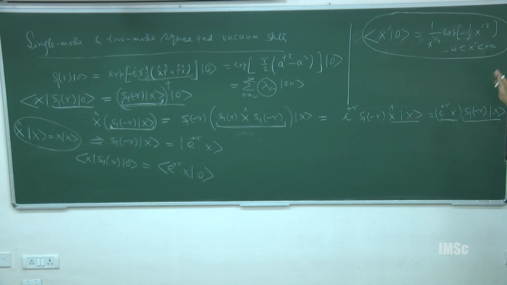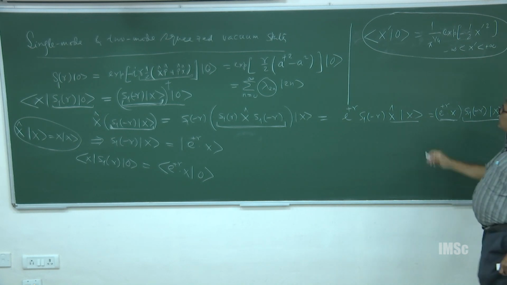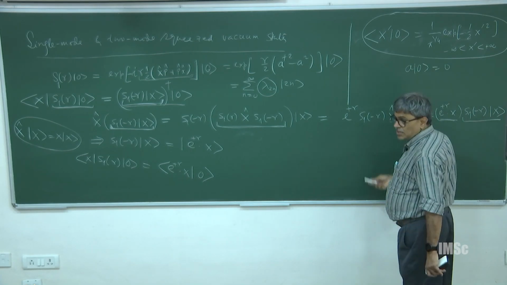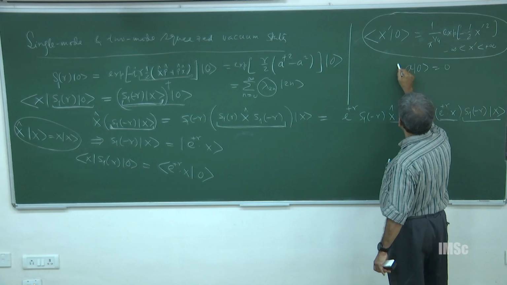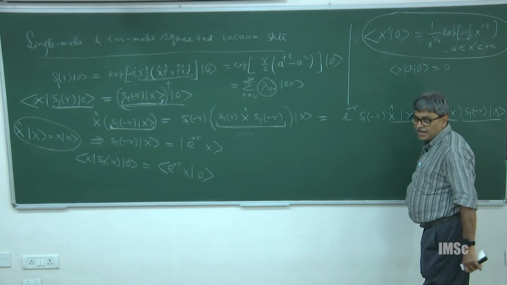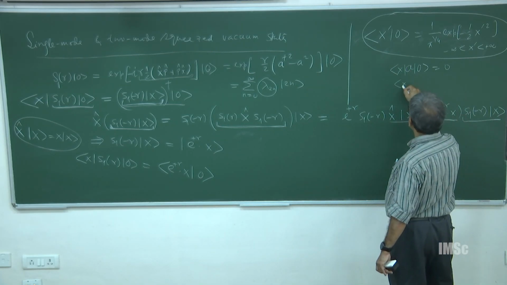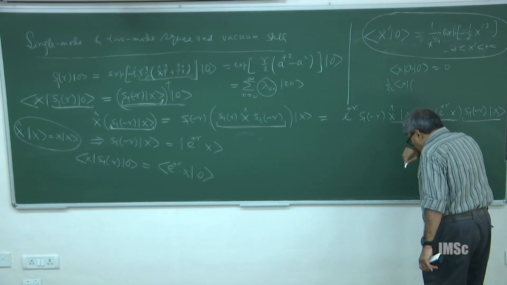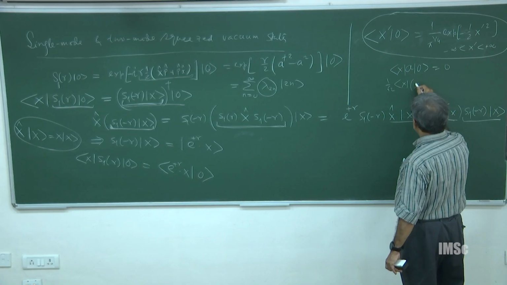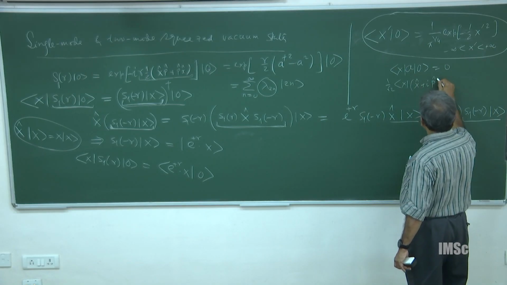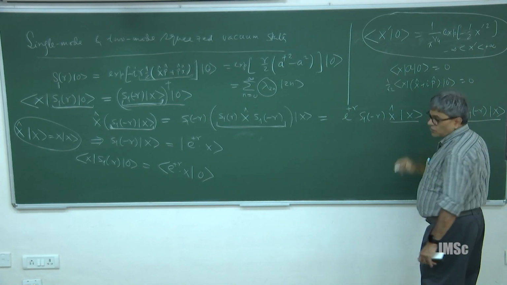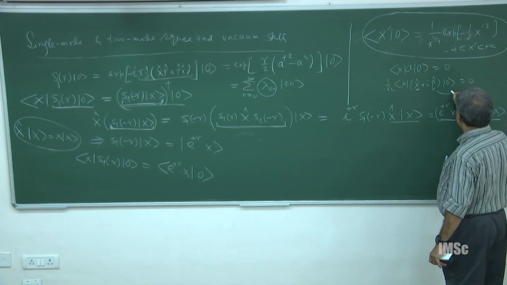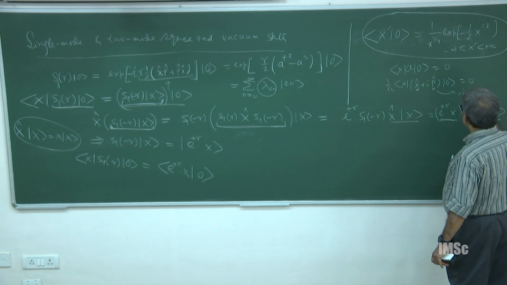This you can verify. There are several ways of doing it. You can apply this A operator on 0, it will give you 0, and then you take the position representation of that, and then you write this A as 1 upon root 2 times x plus iota p, then acting on 0. So this is your 0, and this you represent as minus iota d dx.